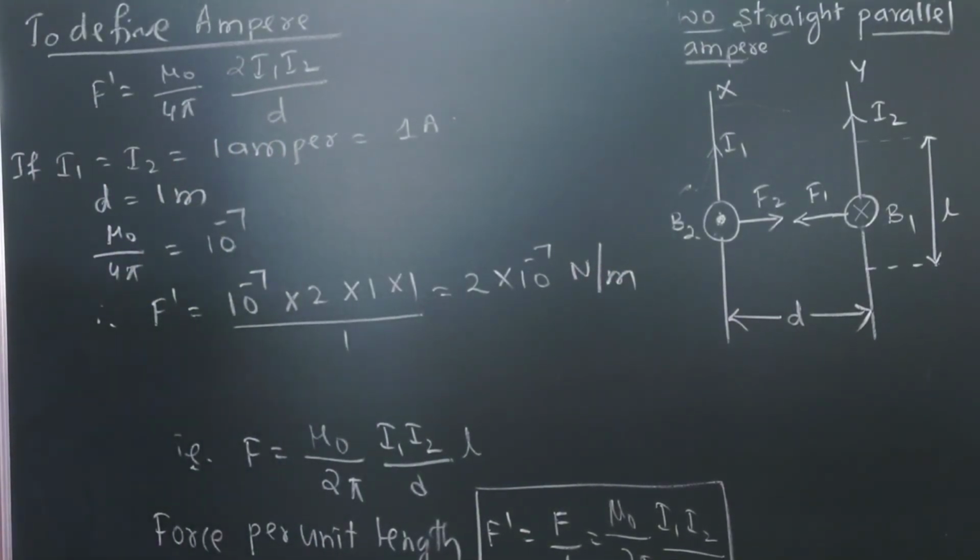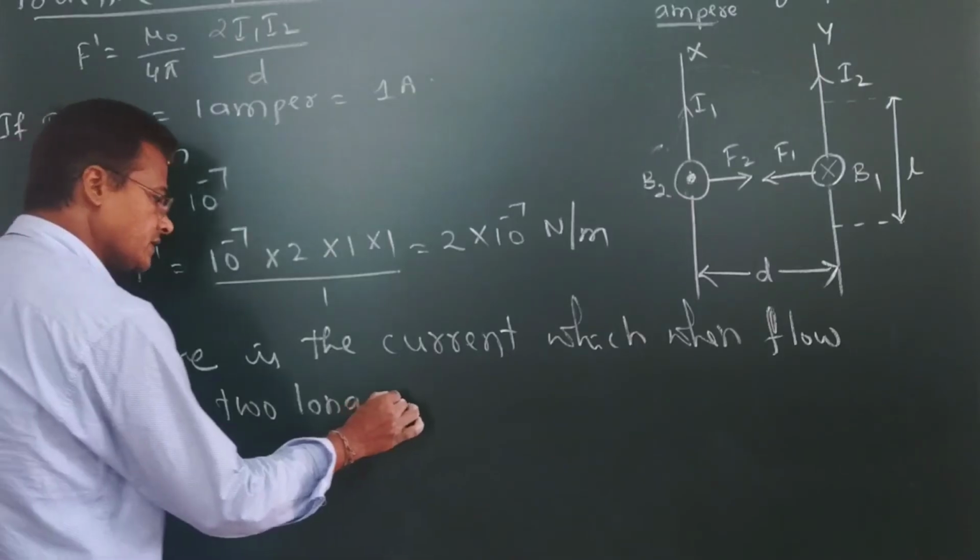The ampere is the current which, when flowing through two infinitely long straight parallel conductors separated by a distance of 1 meter in free space, causes a force of 2 into 10 to the power of minus 7 Newton per meter between them.